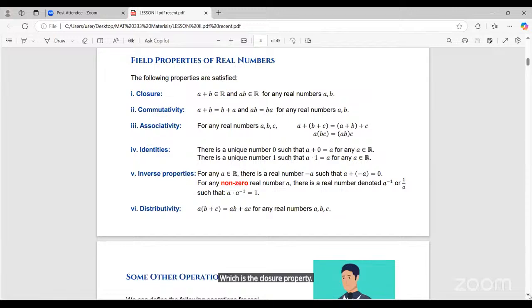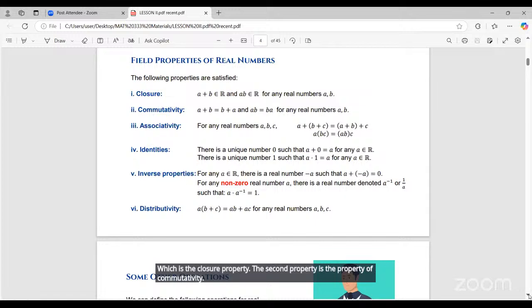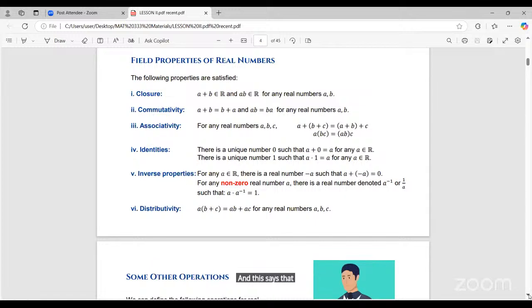The second property is the property of commutativity. This says that for all real numbers A, B in R, we have A plus B equal to B plus A, and we also have AB equal to BA.